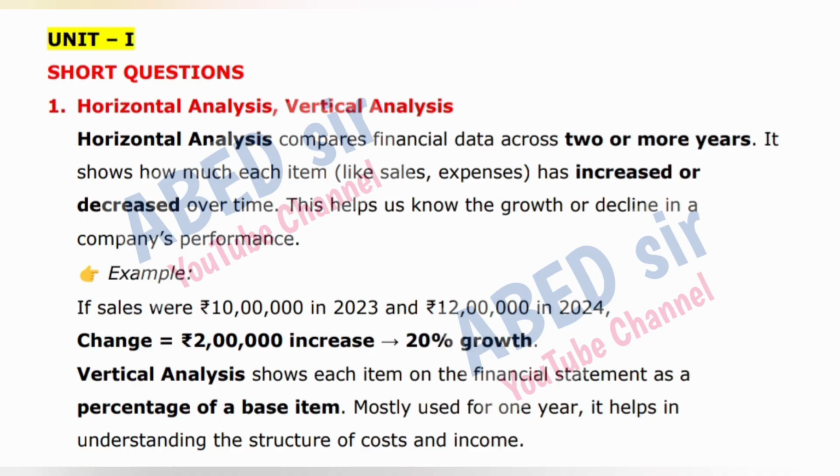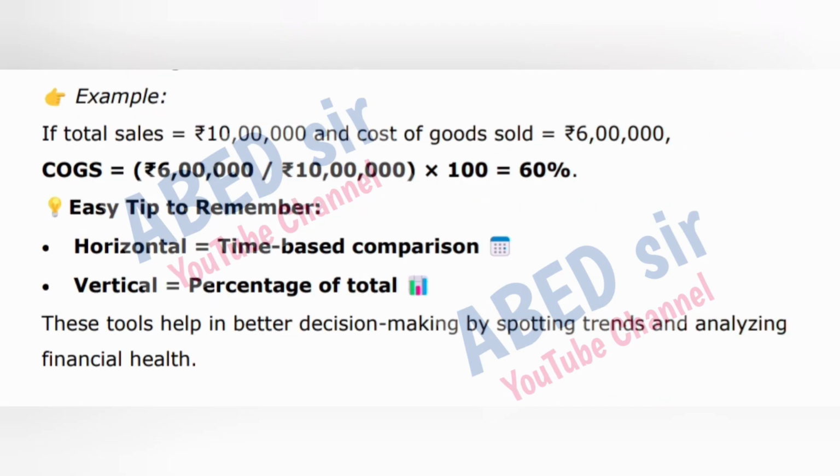Vertical analysis shows each item on the financial statement as a percentage of a base item. Mostly used for 1 year, it helps in understanding the structure of costs and income. Example: if total sales is equal to 10 lakhs rupees and cost of goods sold is equal to 6 lakhs rupees, COGS is equal to 6 lakhs rupees / 10 lakhs rupees times 100 is equal to 60%.